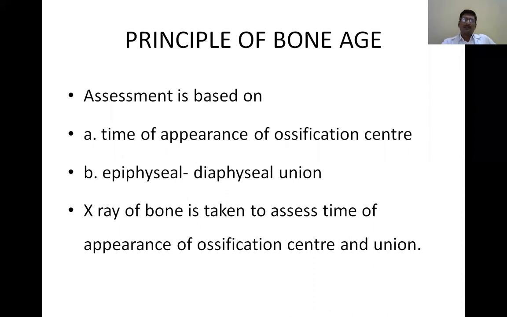The calculation of bone age is based on the time of appearance of ossification centers and epiphyseal union, which you learn in anatomy as well as forensic medicine. X-ray of the bone is taken to assess these, from which you calculate the bone age.